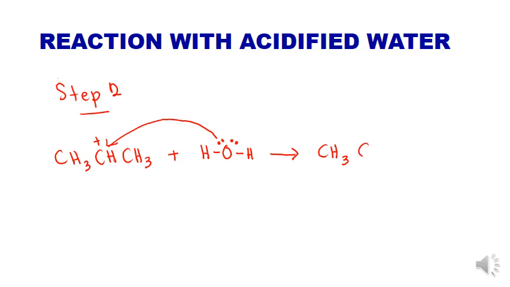So now we have this, which is the carbocation forming a new bond with the H2O by using one of the lone pairs from the oxygen atom and forming the protonated alcohol. Okay, so now we have this product which is called the protonated alcohol.